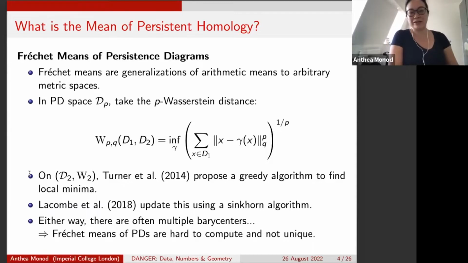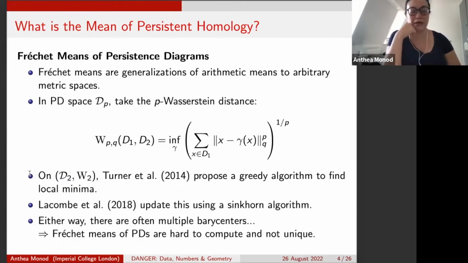So this is a metric geometric construction of the mean in general metric spaces. What it does is it looks to minimize the sum of squared distances between our candidate mean point and every single observation that we see.